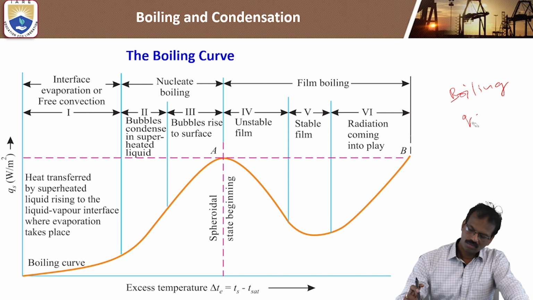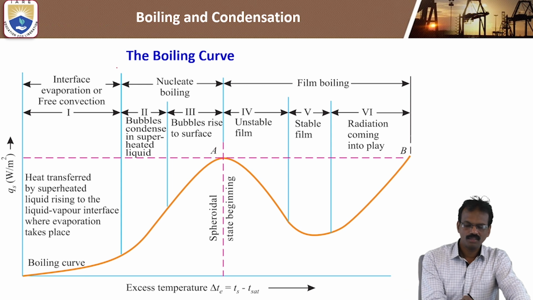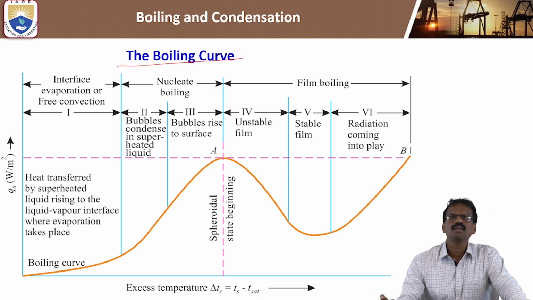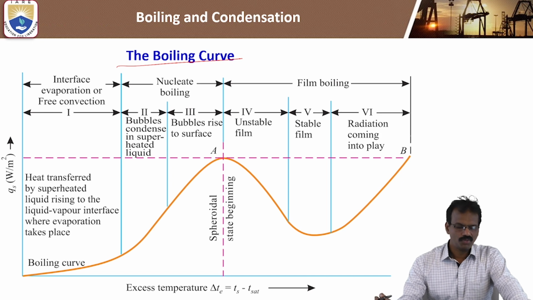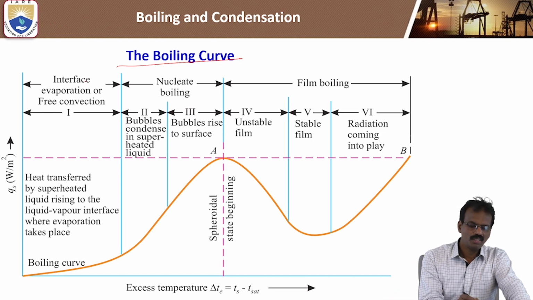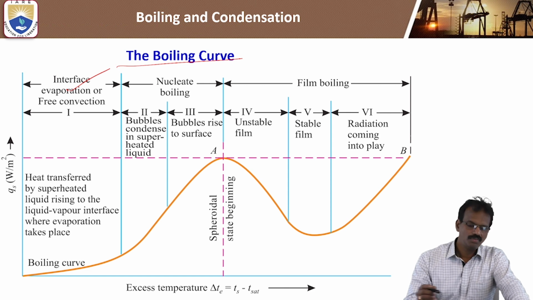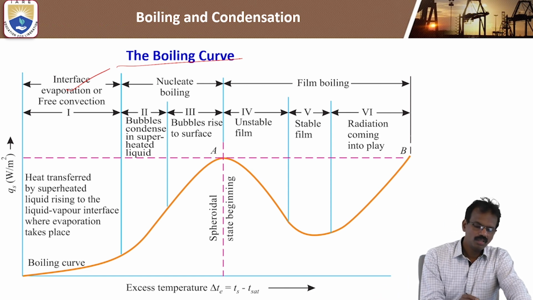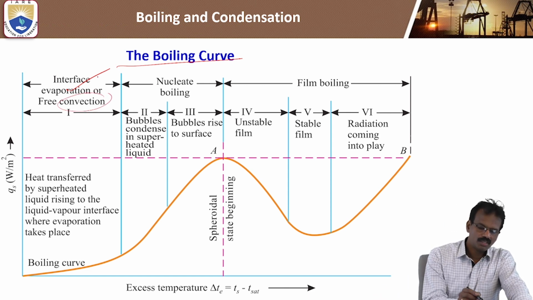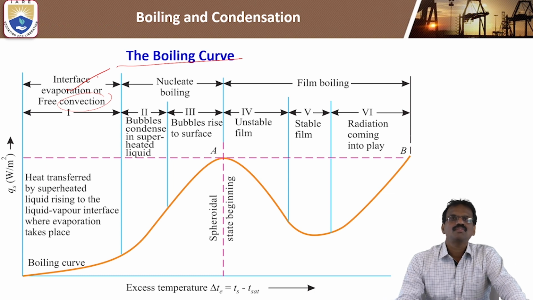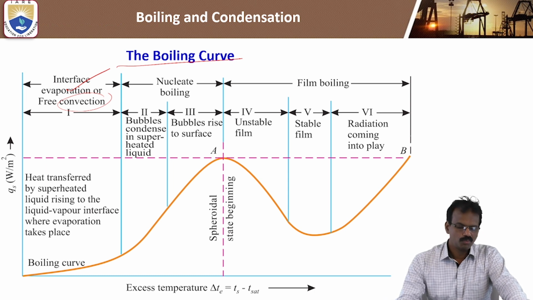In the last class we discussed the phases of the boiling curve. Boiling occurs in three phases. The first one is the interface evaporation, simply called free convection. You know the convection. What is convection? What are the types of convection?